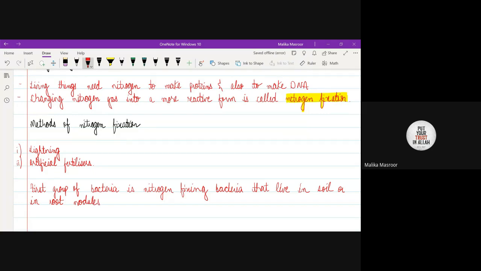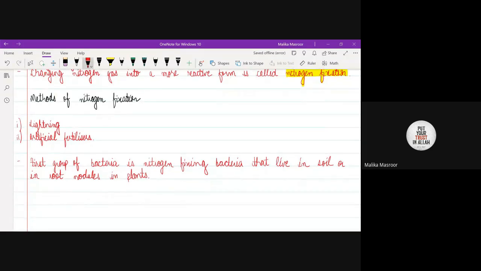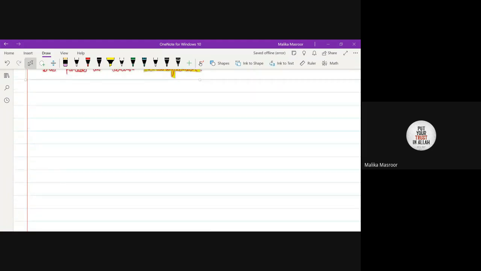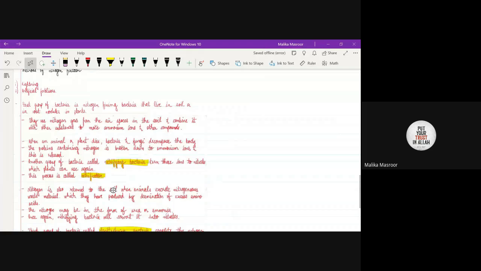They basically use nitrogen gas from the air spaces in the soil and combine it with other substances like ammonium ions and other compounds as well. This is about your nitrogen fixing bacteria.